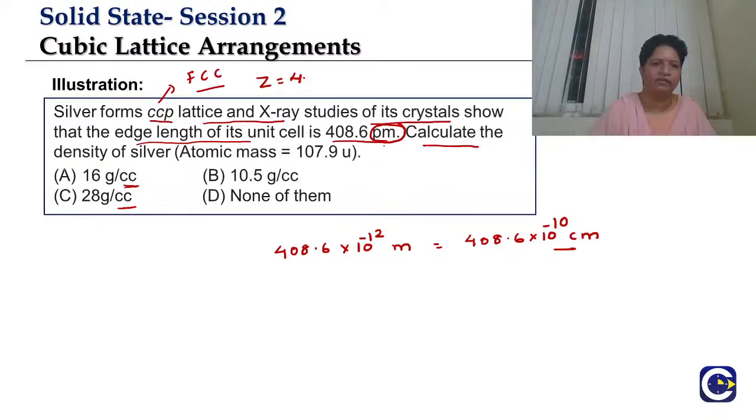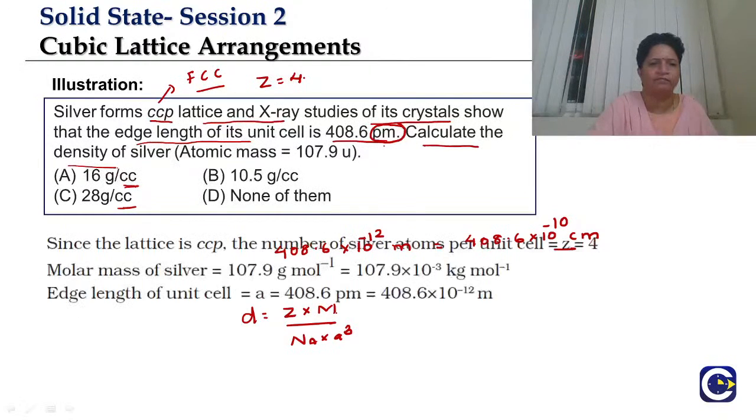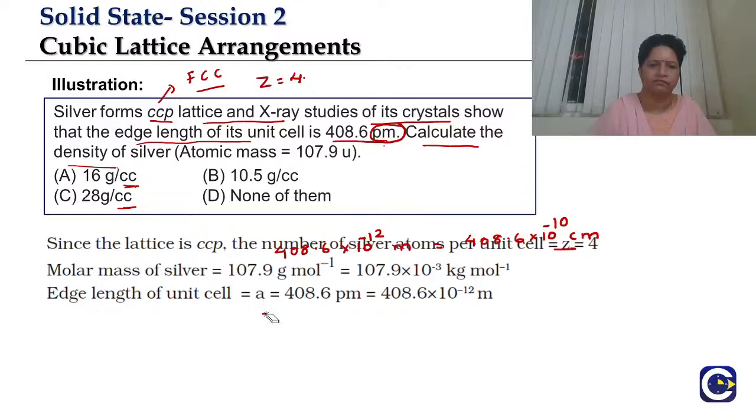Calculate the density of silver atom. D is equal to Z into M by Na into a cube. Let's do the calculation.